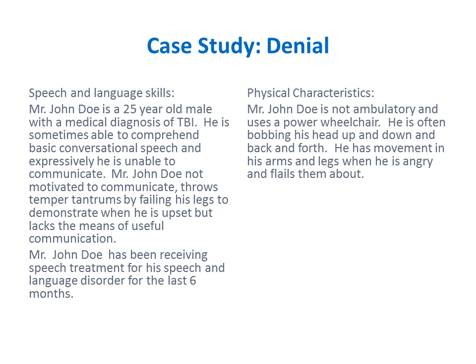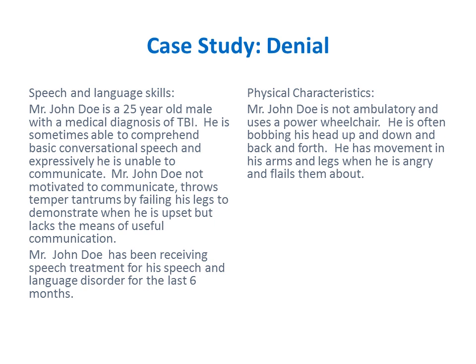He's been receiving speech treatment for the last 6 months. Okay, and physically, he is not ambulatory. He uses a power wheelchair. He's often bobbing his head up and down and back and forth. He has movement in his arms and legs when he's angry and flails them about.